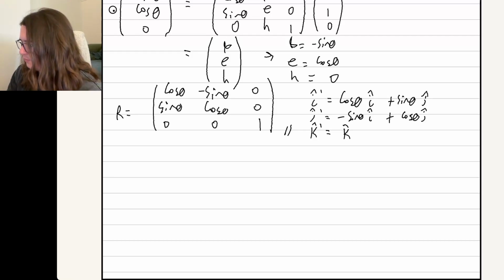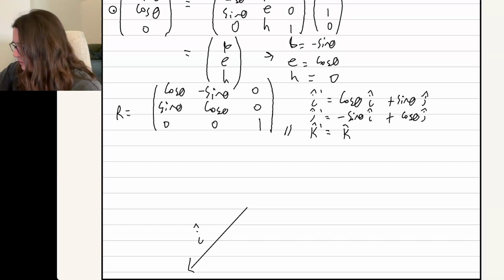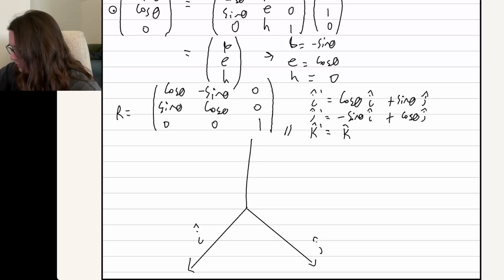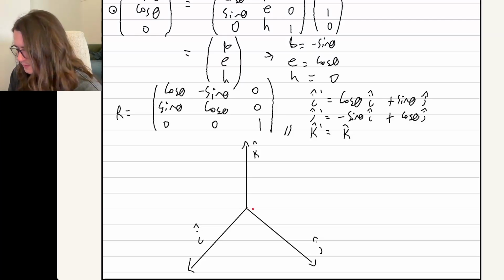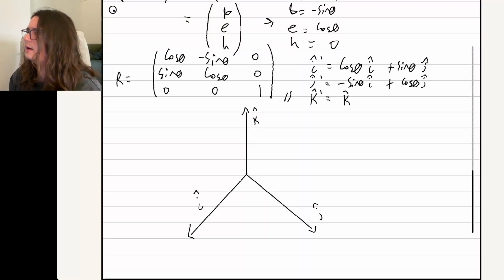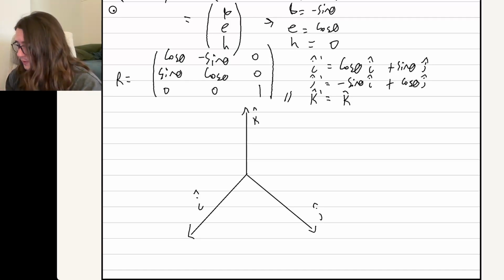You are going to see the I hat basis vector pointing this way, the J hat basis vector pointing this way, and then the K hat vector pointing this way. And these are all supposed to be equally spaced, if you can't tell, because I'm bad at drawing. But then you're looking down this vector, and you see that you're rotating 120 degrees counterclockwise.